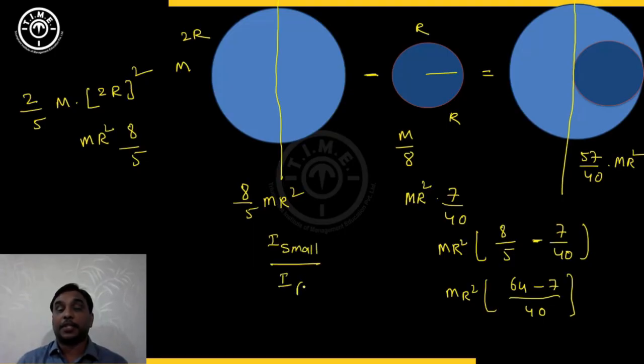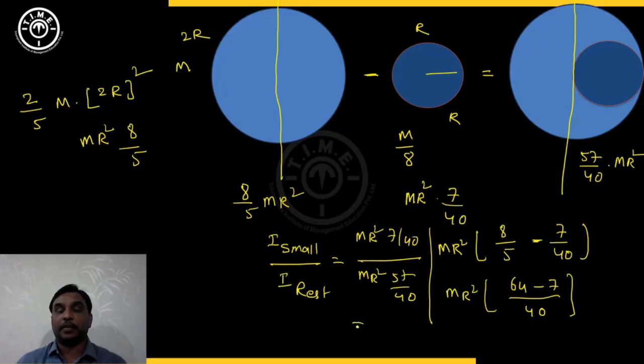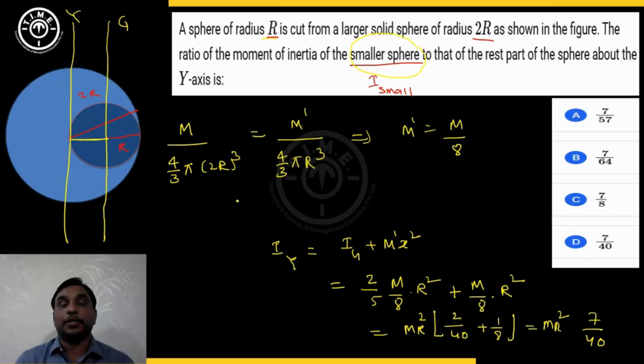So that is the smaller sphere, m r square 7 by 40, divided by m r square 57 by 40. So you are left with what? 7 by 57. This type of questions you can expect. Let me go back to the options. So 7 by 57. Option A is correct.